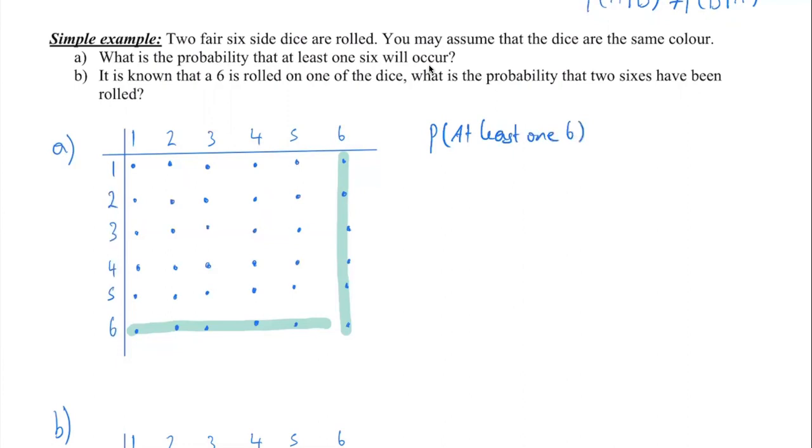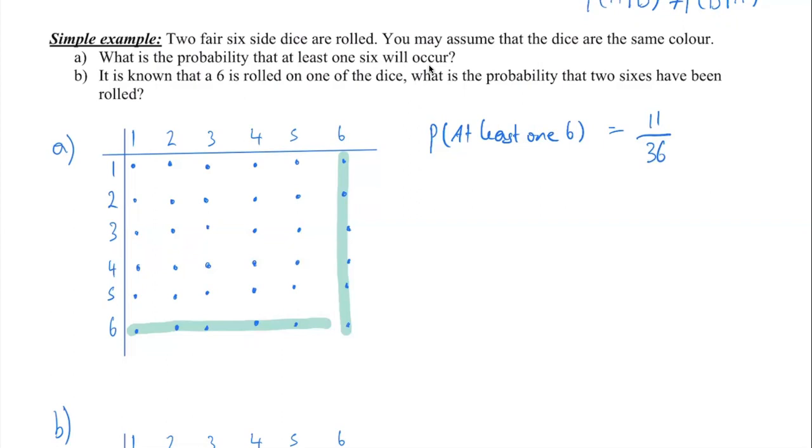So a 6 on the first dice or a 6 on the second dice, it doesn't really matter which way we do it, is equal to, you'll notice that we have 6 running down this vertical column, 6 running down here, and 5 running down this one. We don't want to count this one twice because it's already happened, all right? So that gives 11 out of a total of 36, okay? Just using our outcomes from our dot diagram or our array. So that's pretty straightforward in terms of what we're doing.